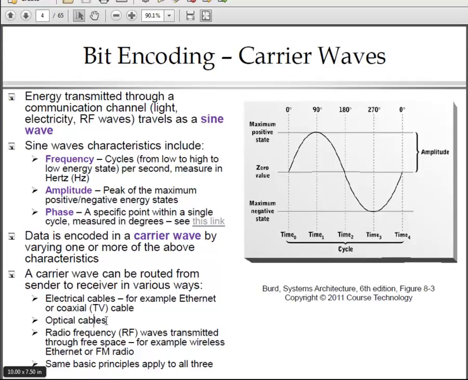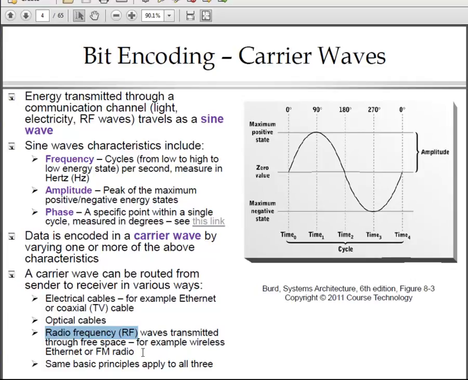What if, hey, this is the modern world. Isn't everything supposed to be wireless? Well, fine. Let's use radio frequency waves, which is basically just electrical energy or electromagnetic energy transmitted through space. So wireless Ethernet, FM radio, broadcast television, those would all be examples of radio frequency transmissions. And the fourth example, as we did last time, there's sound.